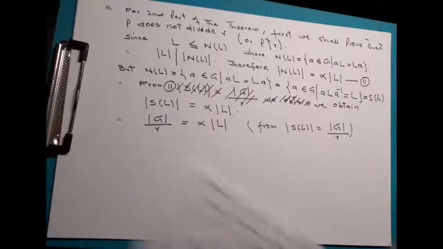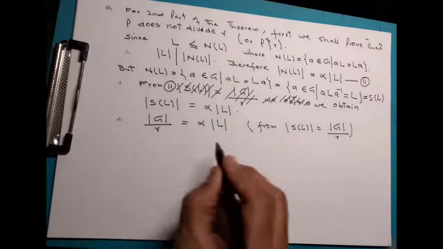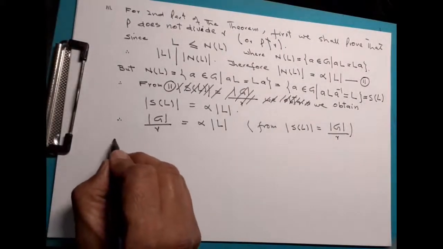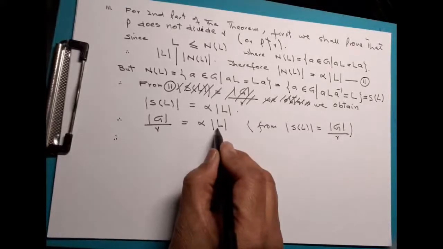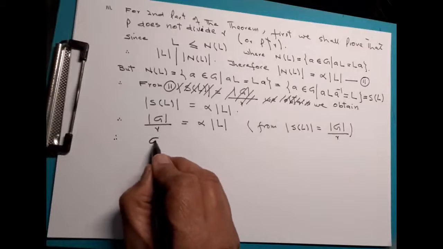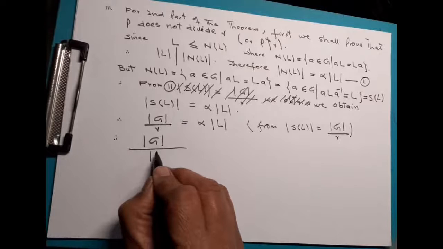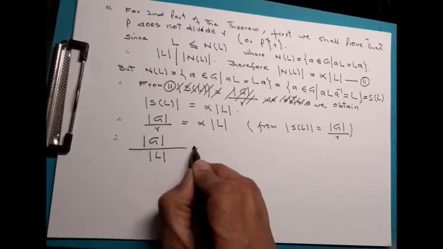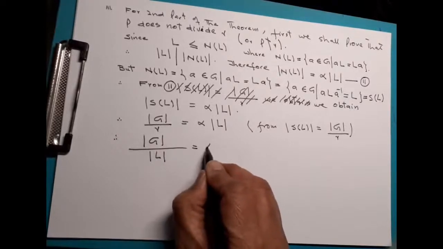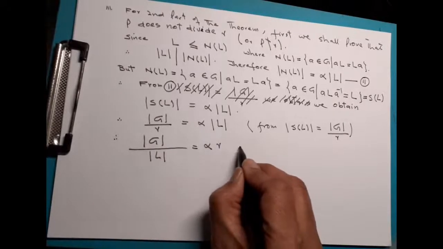So using this, we can replace this by this, and now you can bring the number of elements in L in the denominator. So the order of G divided by the order of L is equal to alpha, and you can take R to the right hand side.